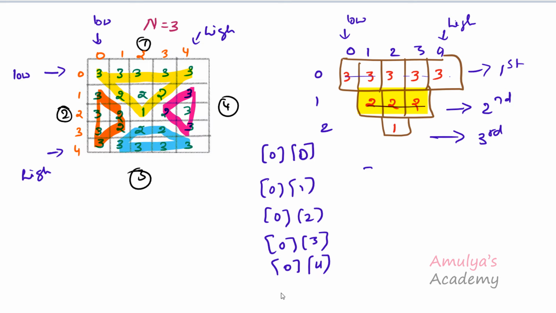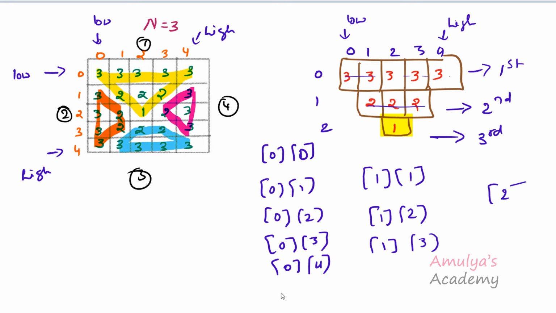For the next iteration, that is 1, 1, 1, 2 and 1, 3. And for the last 2, 2, right? And here this is when i is equal to 0, i is equal to 1, i is equal to 2. It is for the first iteration, second iteration, third iteration, right?